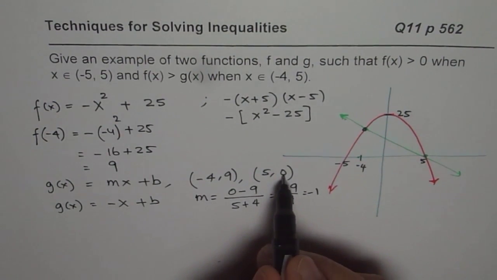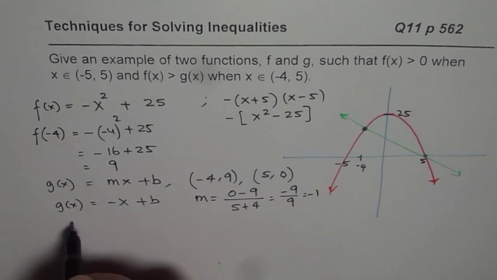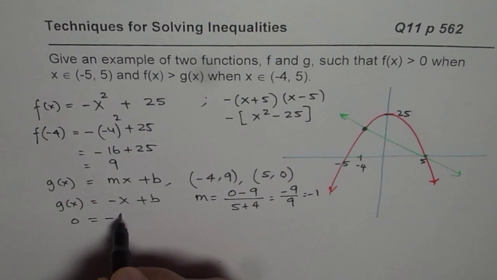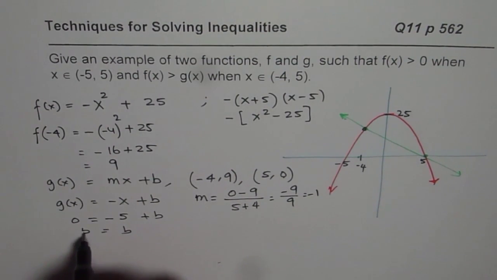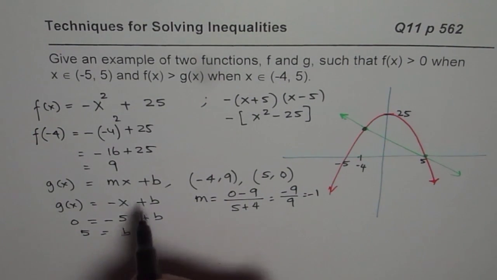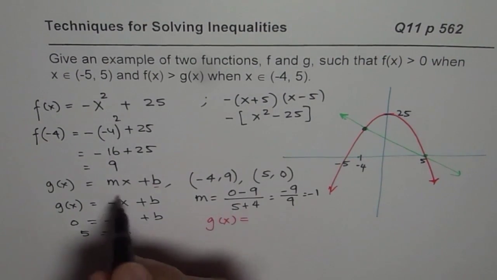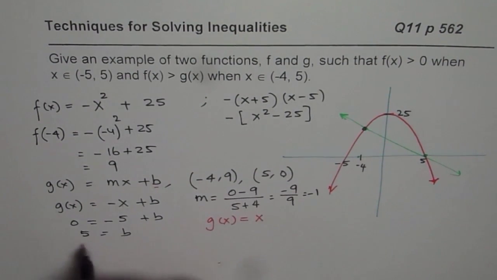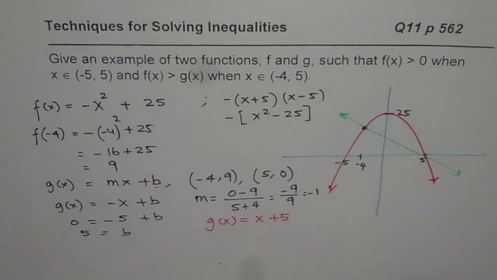So if I write 0 for y and 5 for x, I get 0 equals minus 5 plus b, or b equals plus 5. Since I know b, I can write down this equation as g of x equals slope minus 1 times x, and b is plus 5.